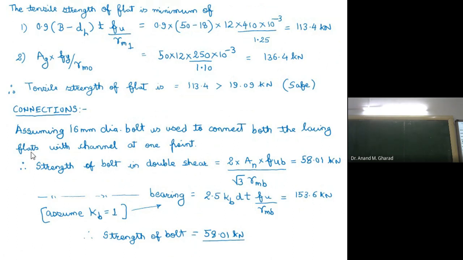Correct? So you identify the strength of the bolt in double shear. This is the formulation. Find out the value. कितना आता है value? देखो, check करो आप लोग. You please verify.